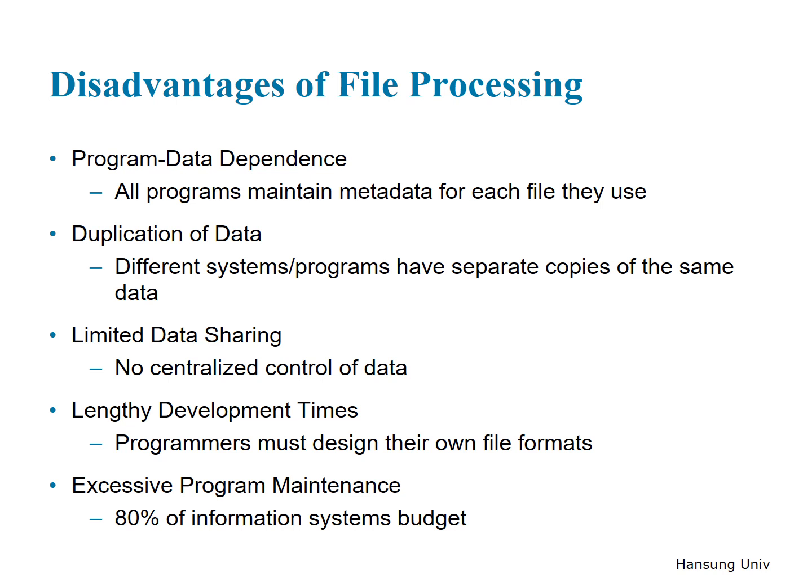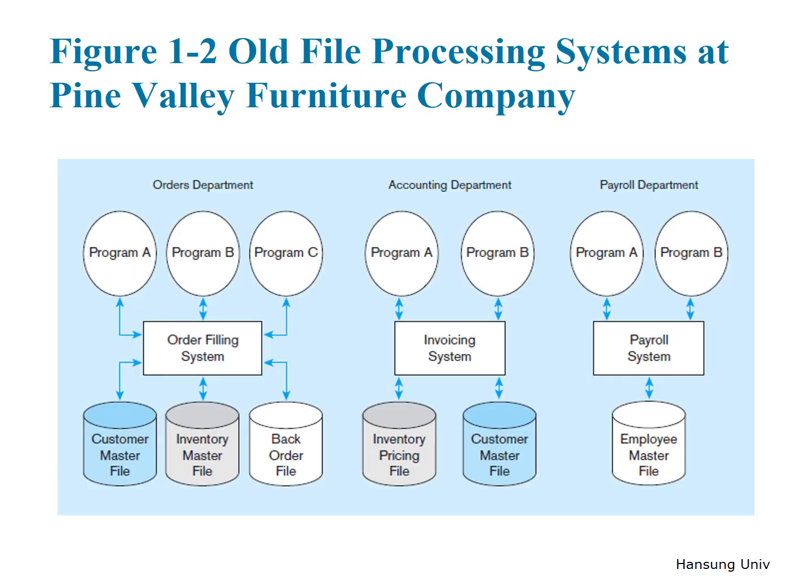Final one is excessive program maintenance. So 80% of the information system budget is usually used on programming maintenance. So figure 1-2, old file processing system at Pine Valley Furniture Company.